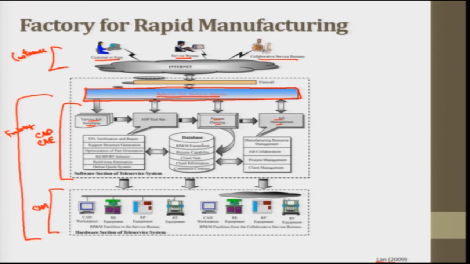What it is telling is that the database is already there, with rapid prototyping and equipment, all those data points, client task, client information. They interact with the different machines available, and different parameters are taken into account, that is build time estimation, online code system, optimization of part orientation, support structure. These are different parameters. Then they need to manage the job as well, that is manufacturing resource management, job collaboration, then process management, client management, and they finally give the input to the manufacturing.